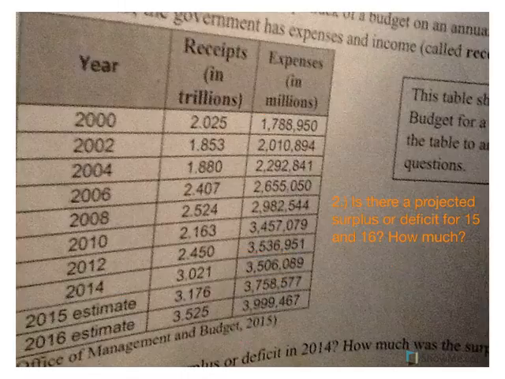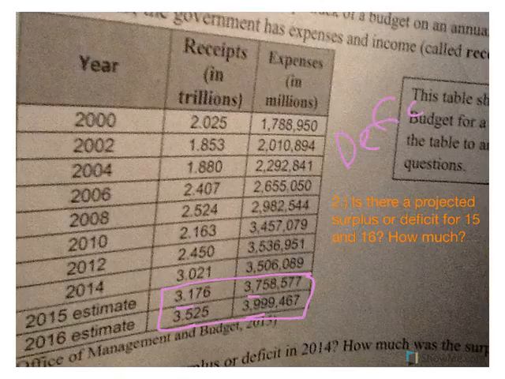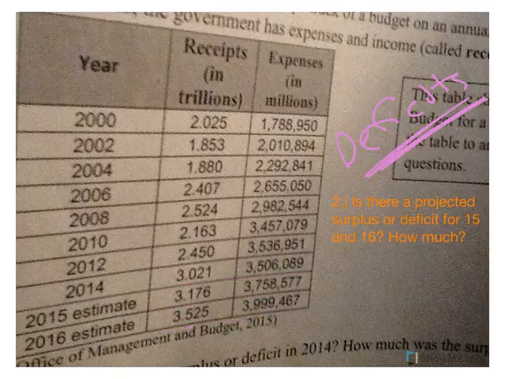Now, using the same table, is there a projected surplus or deficit for 15 and 16? So now we are estimating for 15 and 16. And you can see clearly the expenses for both columns are bigger than the receipts. So we are going to expect deficits for both years. Okay.